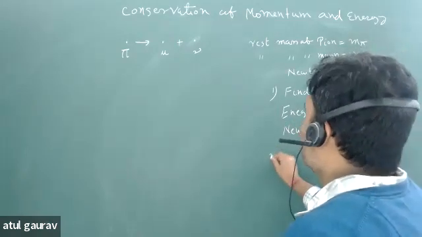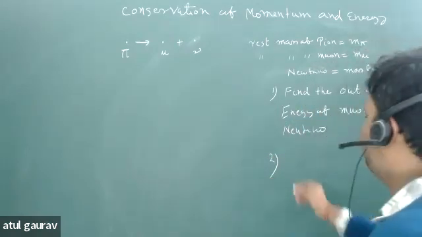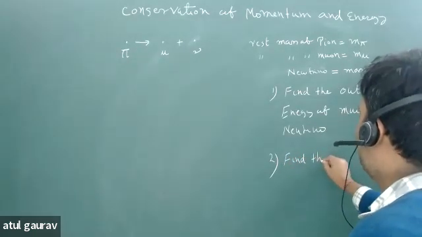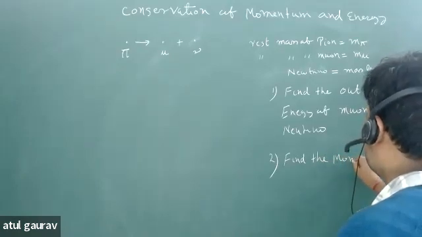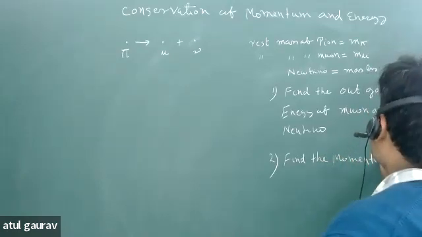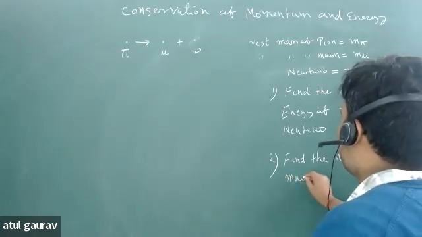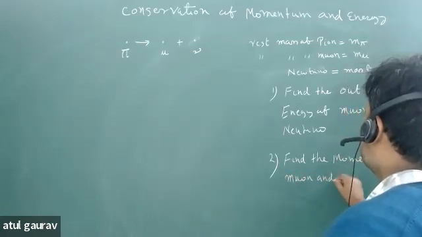The second question is to find the momentum of the muon and neutrino.